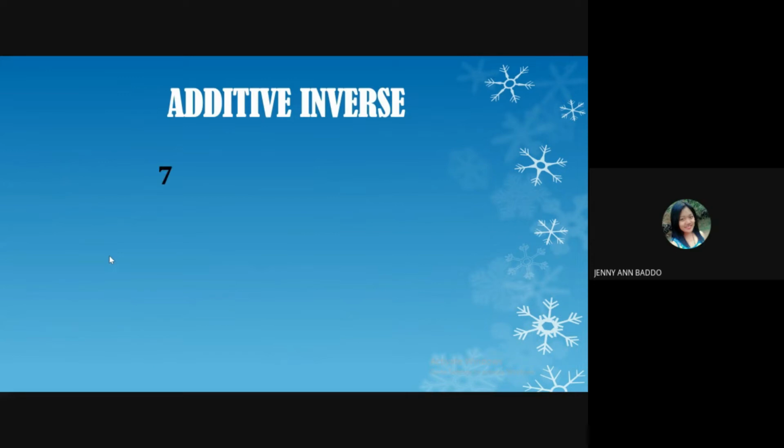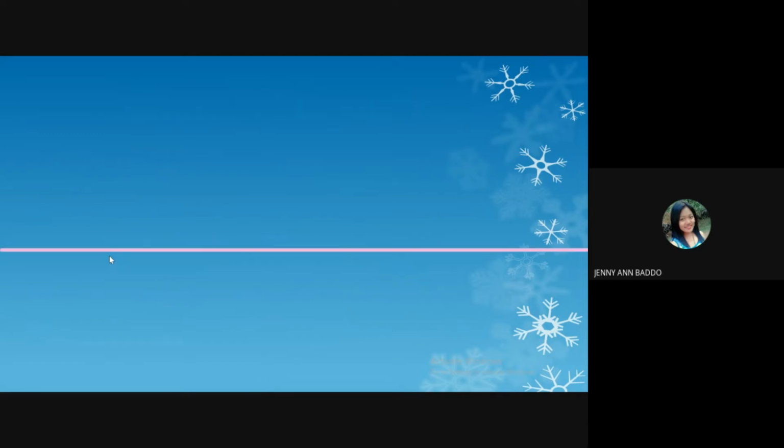Say, for example, if we have 7, its additive inverse is simply negative 7. You just have to change the sign. So if that's negative 3, then its additive inverse is positive 3. If it's positive 5, then its additive inverse is negative 5. And so on.